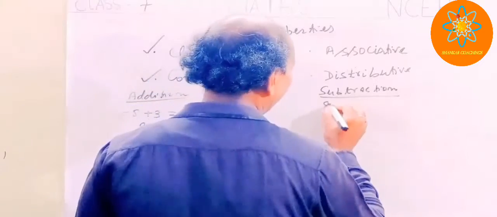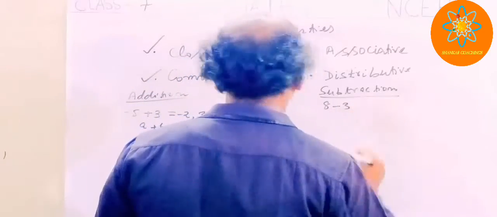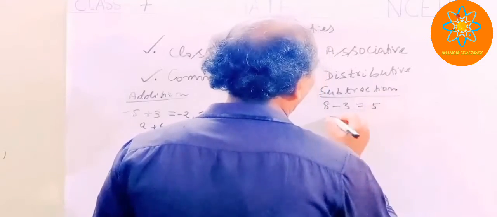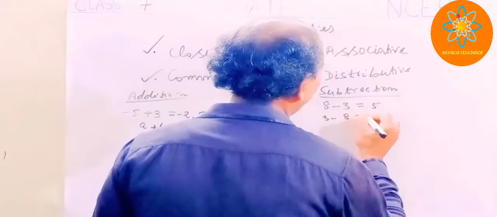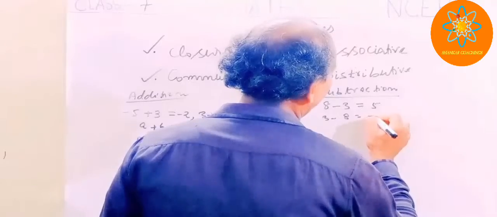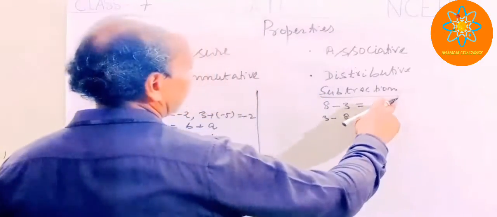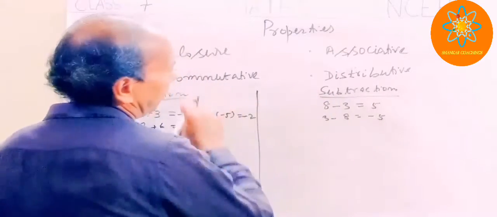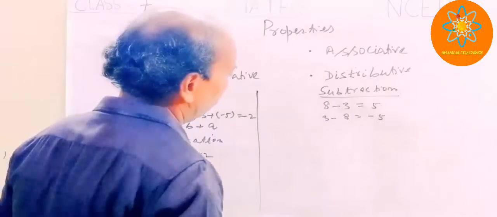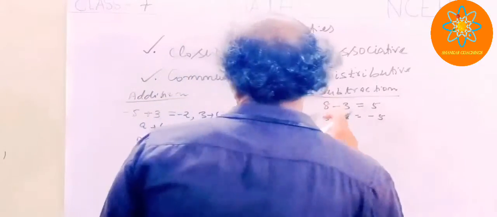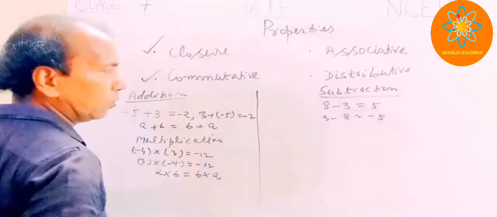Suppose I have 8 minus 3, I am getting 5. And 3 minus 8, I am getting minus 5. So for the subtraction case, the commutative property is not true, because when I reverse the order, I get a different value.